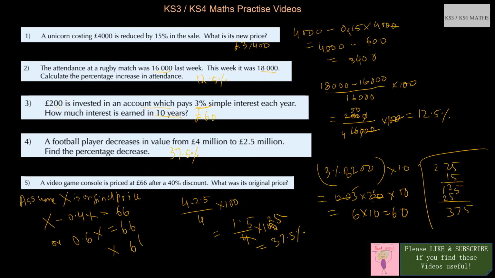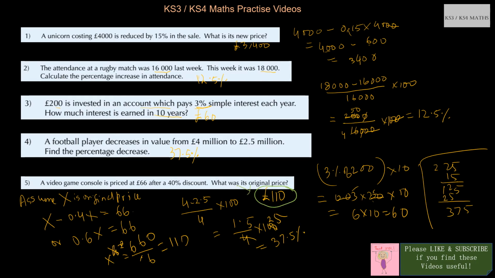X is 66 divided by 0.6, that equals 110. So the original price was 110.